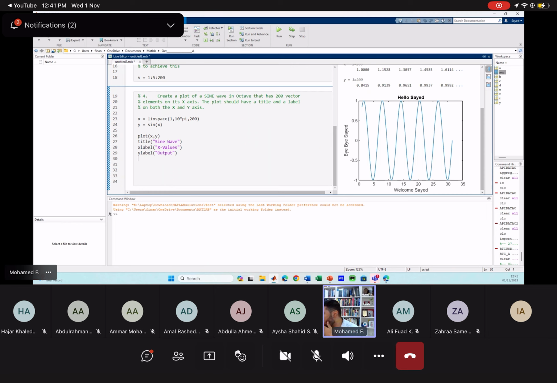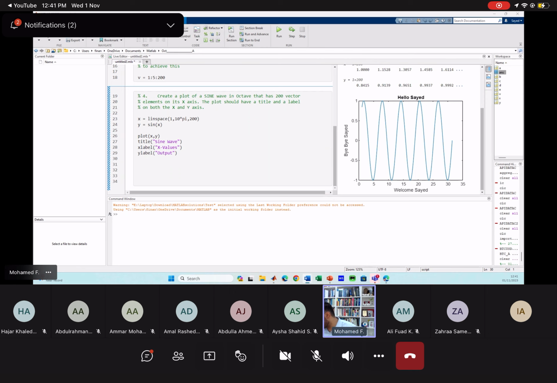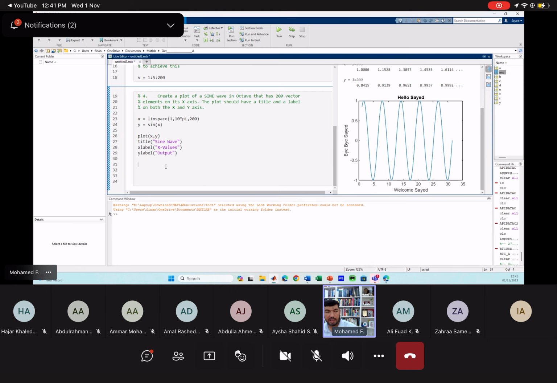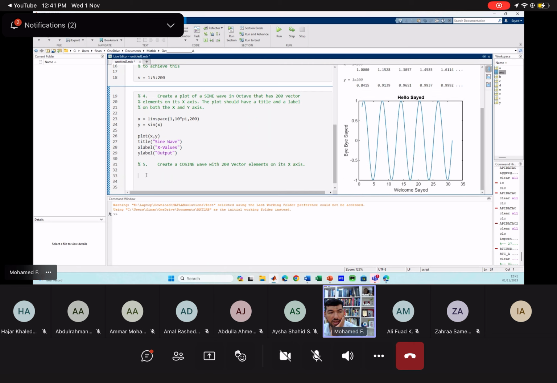If we go to the next question, it asks us to do almost the same: create a cosine wave with 200 vector elements on its x-axis. So again, question 5 is almost the same. I will use the same x, but I'm going to change the y. I'll call it y1. y1 equals cosine of x.